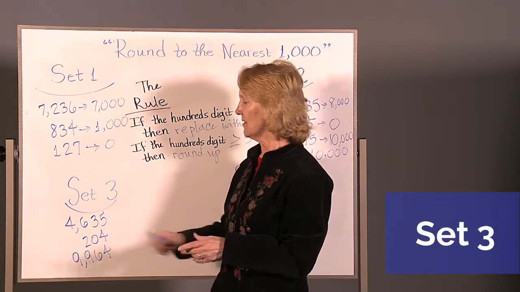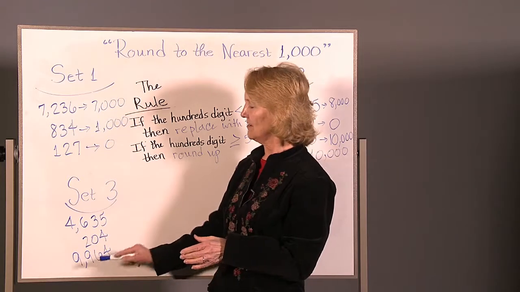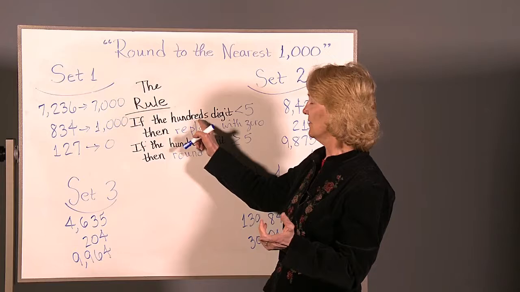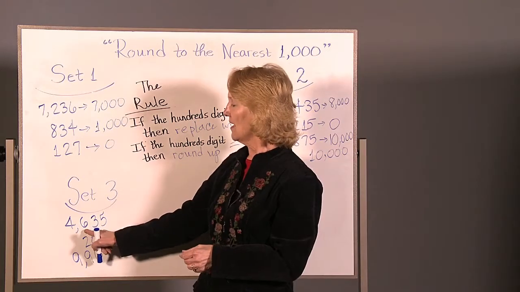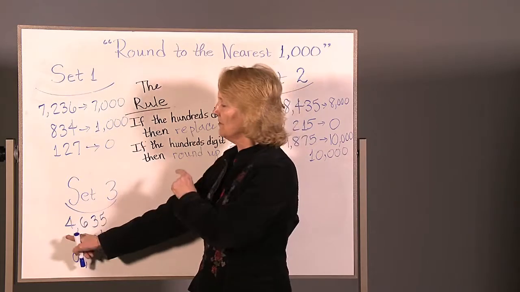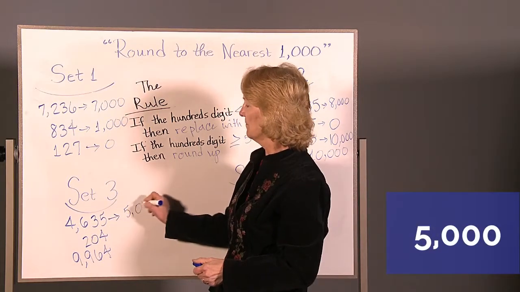Okay, then let's go to set 3. Problem set 3, there's 4,635, 204, 9,964. We look at the hundreds digit, and it is greater than or equal to 5, so we round this thousands number up to 5,000.